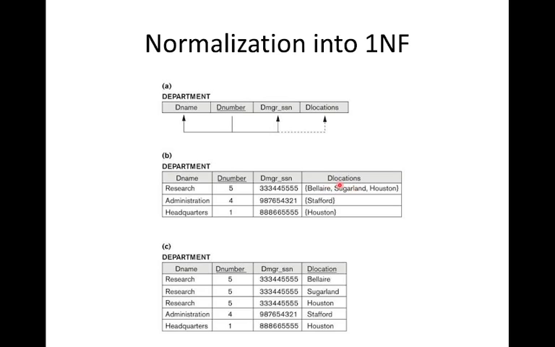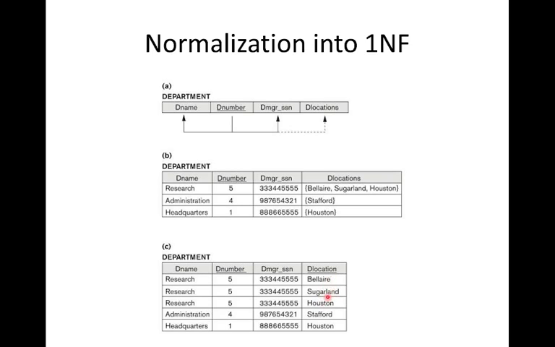So how can we change it into a single thing? One way to remove this multi-valued attribute is to separate this Research into three rows. So it will be split like this: Research, now it is Bellaire, then Sugarland and Houston.